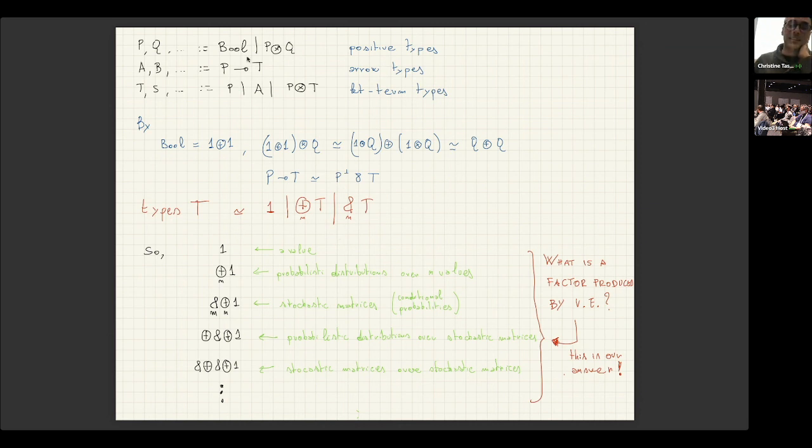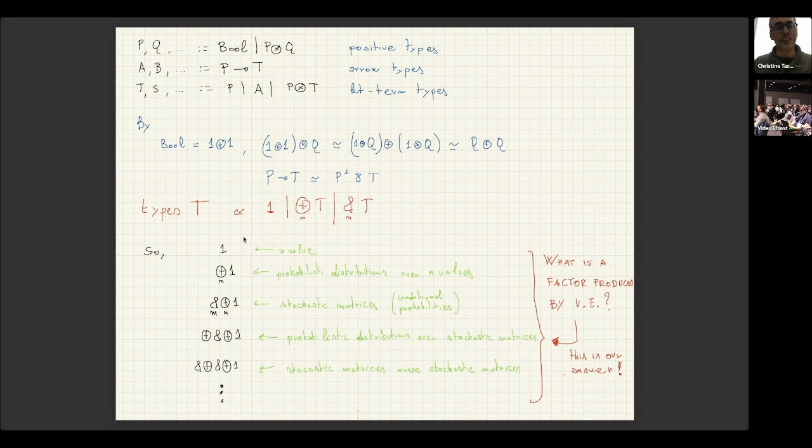So this typing system can be reduced to this one, and this one is telling us that the factors that are produced by the variable elimination algorithm are either the tensor unit that is just a value, or are finite coproducts of factors, or are finite products of factors.